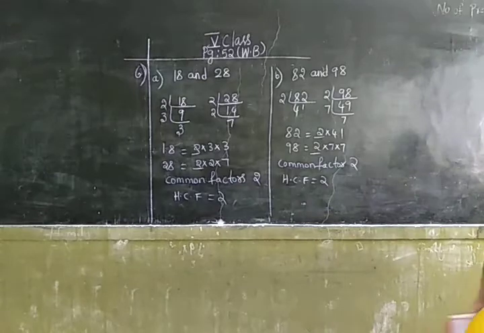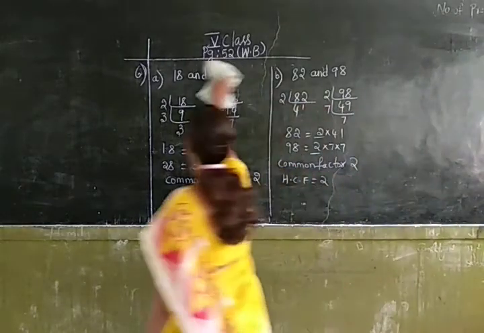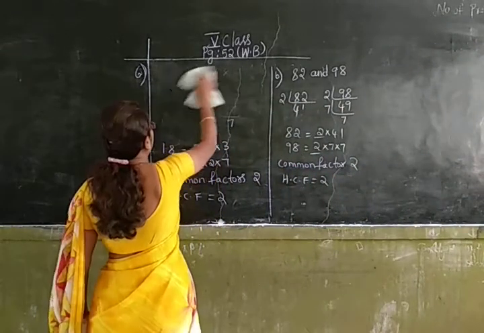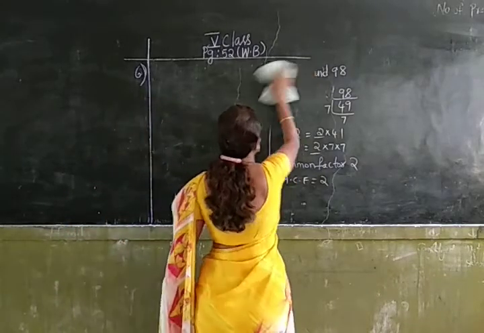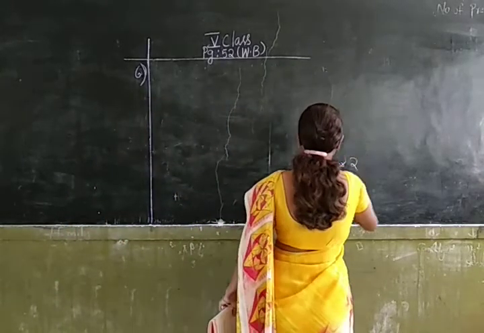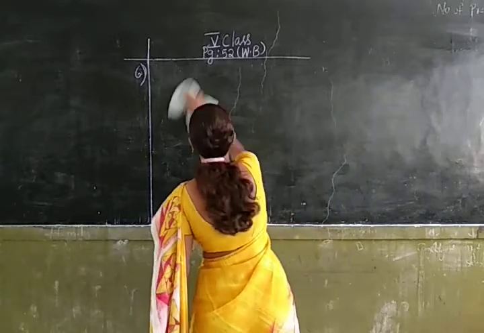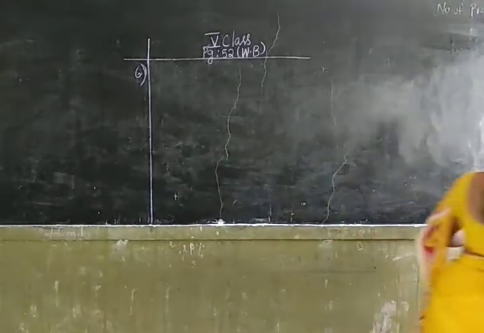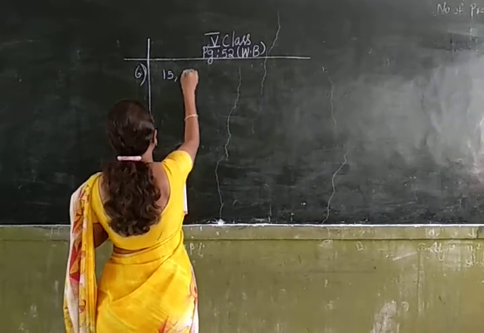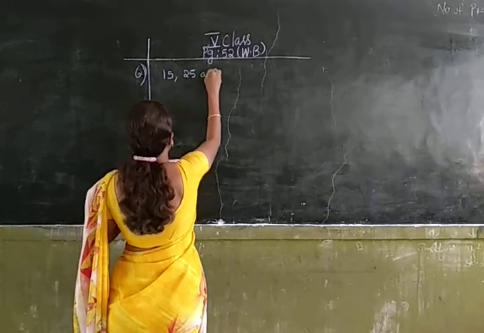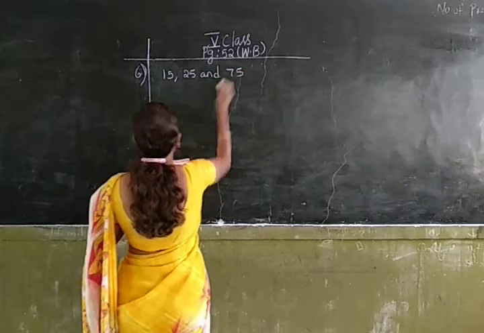Okay children. Let us do the C sum. 15, 25 and 75.